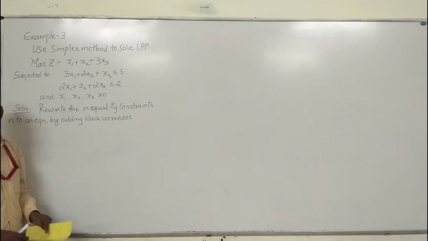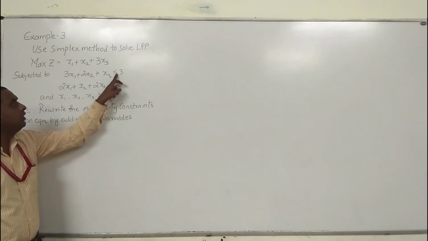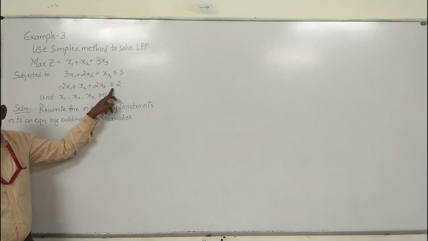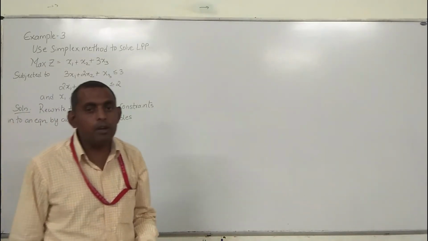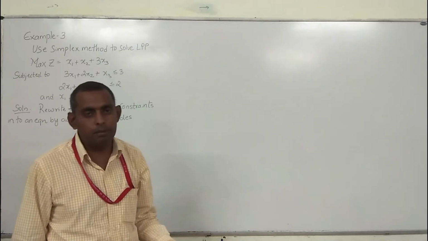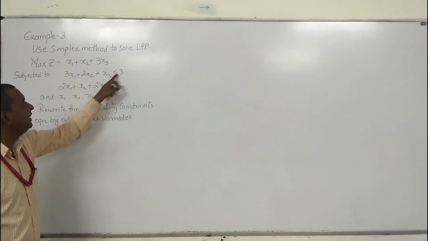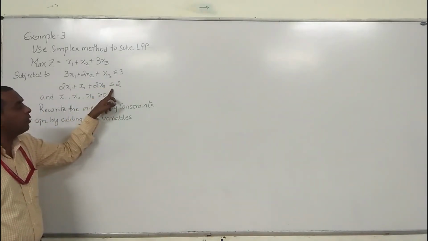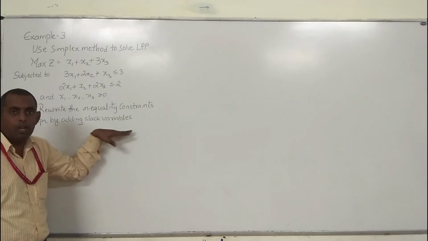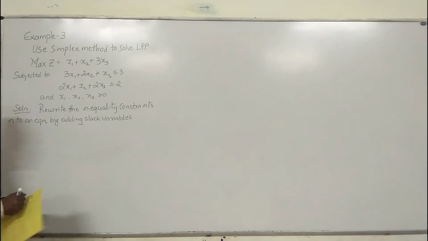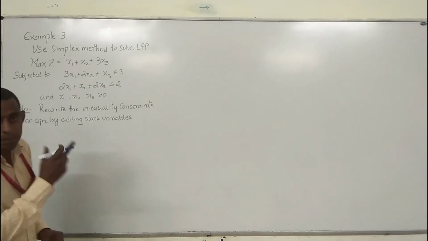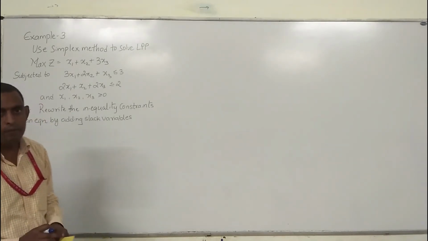We are adding slack variables here because these constraints are less than or equal to. If any constraint is greater than or equal to, then we are going to add surplus variables. Presently, all these constraints are less than or equal to, that's why we are going to add only slack variables. Fine. So after adding slack variables, the LPP will be in standard form.